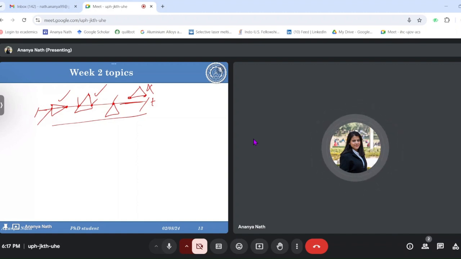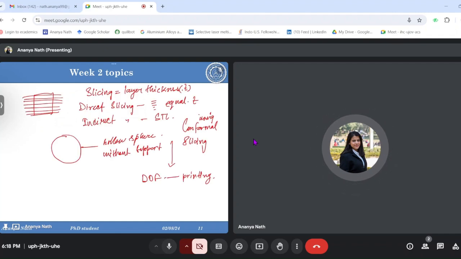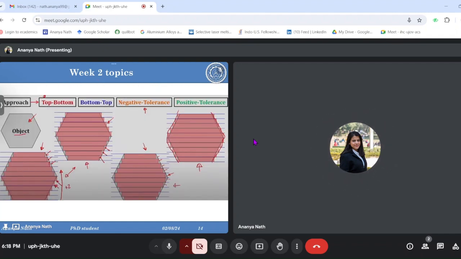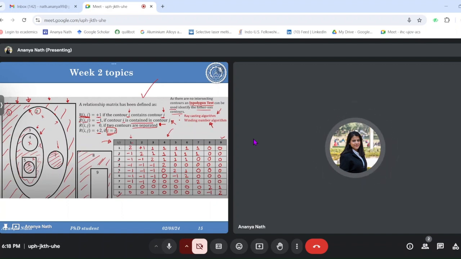So this was up to lecture 2. In lecture 3, the contours were organized in such a way that we can get the information, like in this diagram, which contour is having this negative thing and positive thing. We can say which one is exterior, which one is interior.